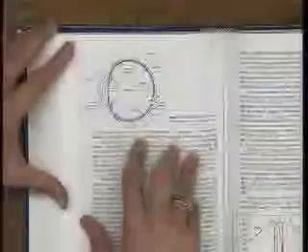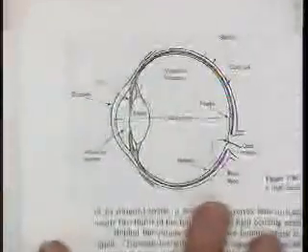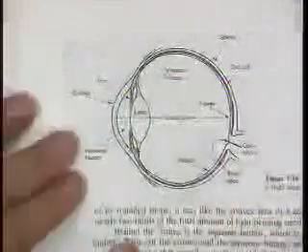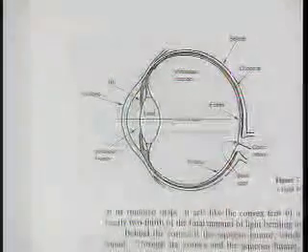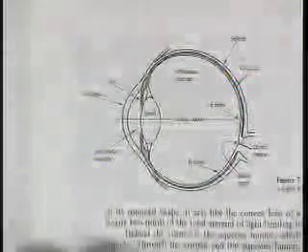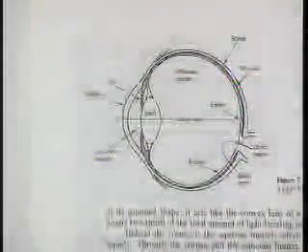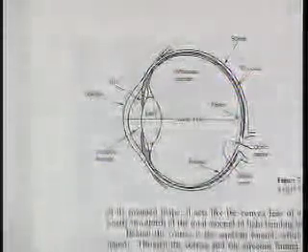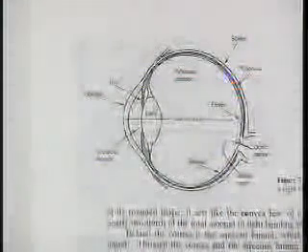But if you can zoom in here, please, as much as you can. So this is a kind of a cross section, a horizontal cross section of a right human eye. Okay. So you've just cut it like this.